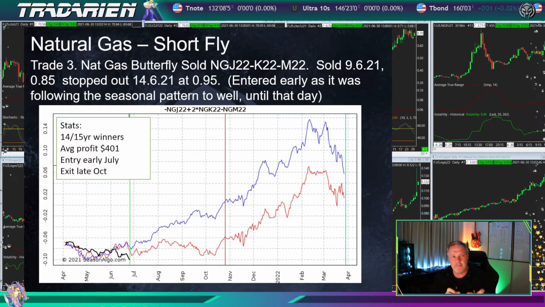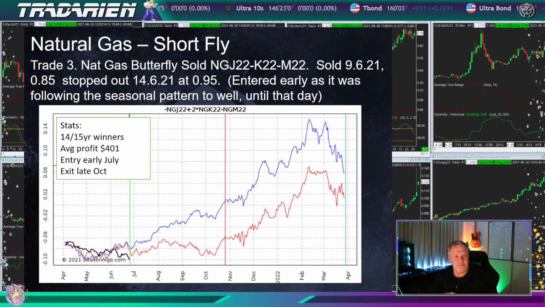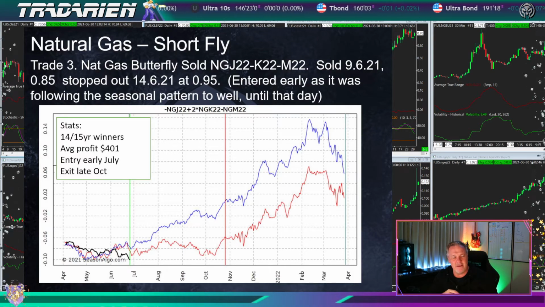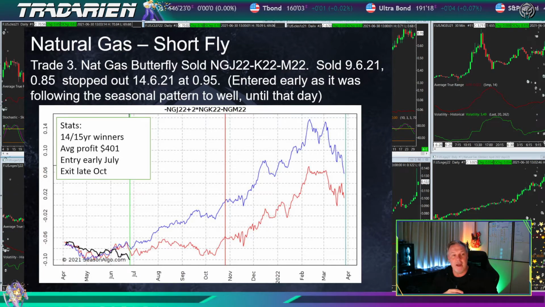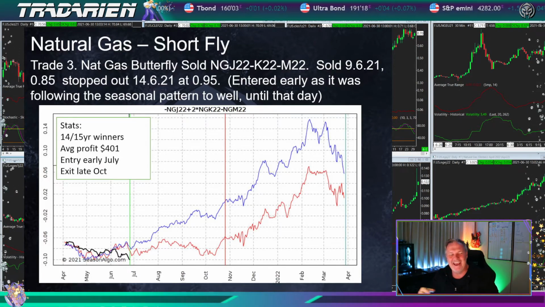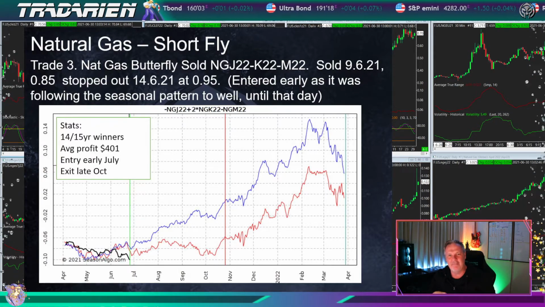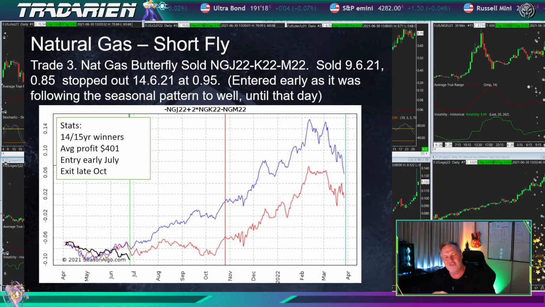So we've got April, May, June. In this particular instance, we're selling the April-May spread and buying the May-June spread. And that creates a position of one in the April, two in the May, and one in the June.